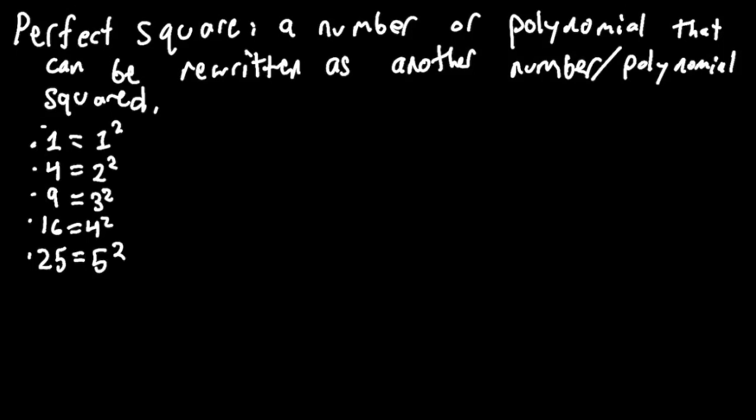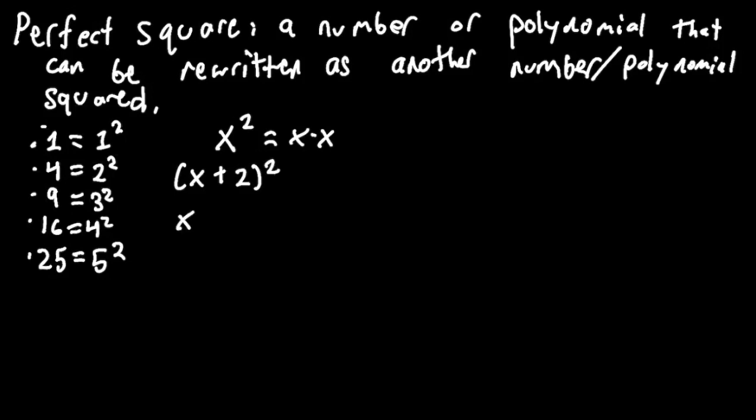We can also have polynomials that are perfect squares. For example, the x squared that we had on the left can be rewritten as x times x, or x squared. So we would consider this a perfect square. We could have polynomials like (x plus 2) squared is a perfect square. We could also write these out in standard form.